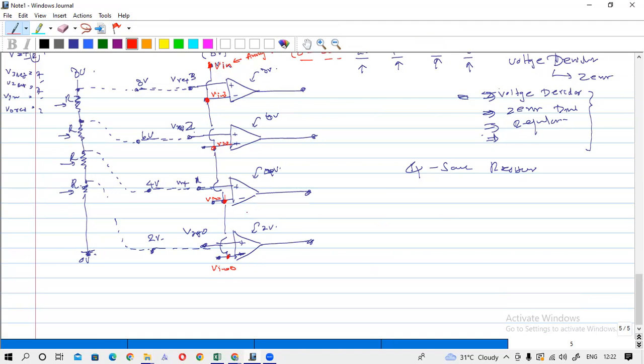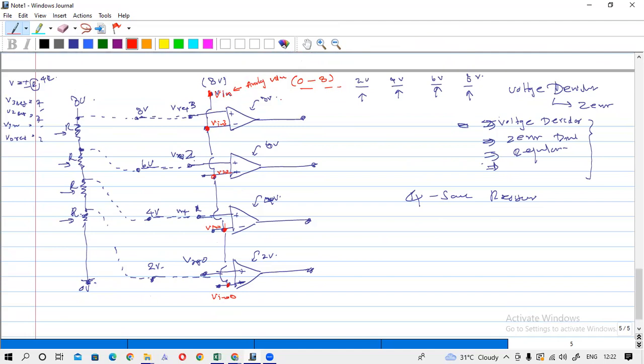Now tell me, if you are given 0 voltage here. Now let's say you are given 8 volt. We will start from the maximum one, so the maximum input is 8.